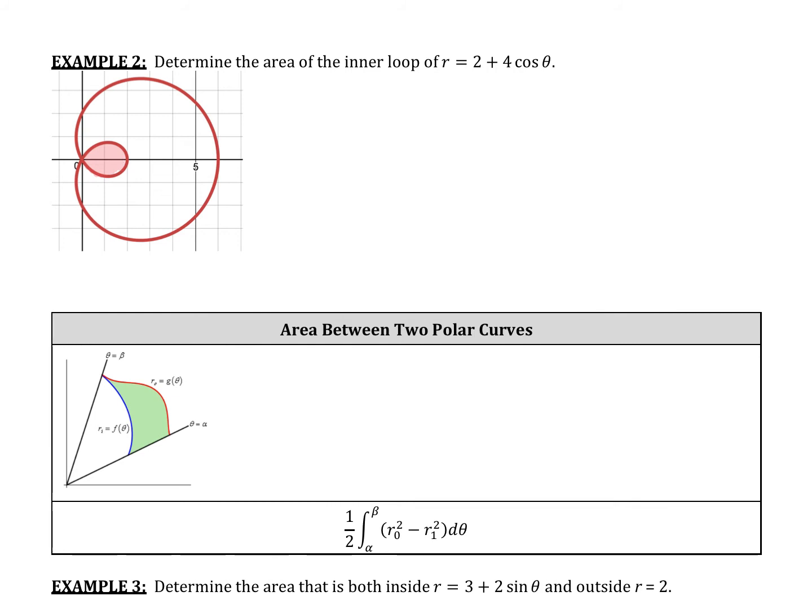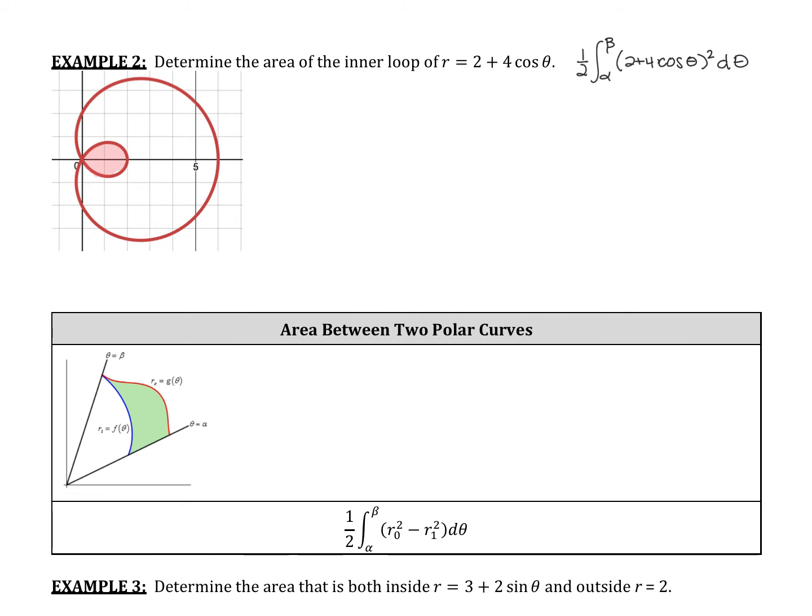What we have so far is area equals 1/2 the integral from alpha to beta of (2 plus 4 cos theta) squared d theta. And that is my formula. Now, we need to find the theta bounds.